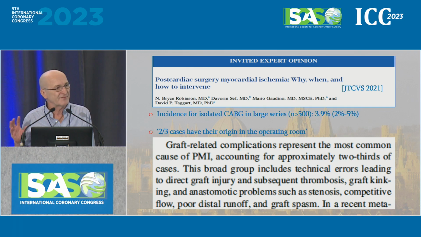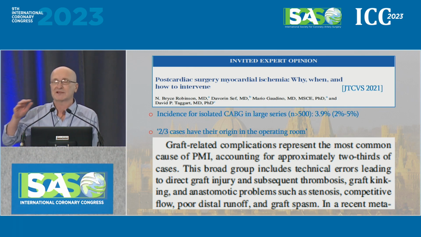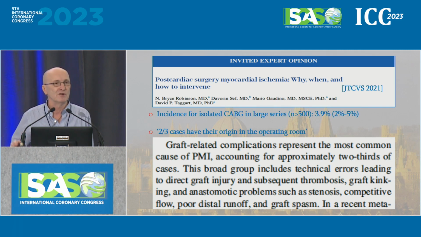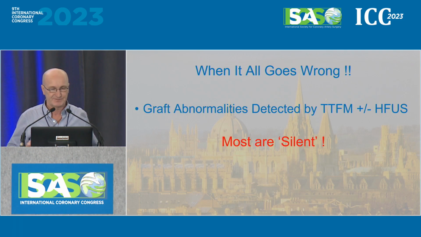So the point of this is the incidence of perioperative myocardial ischemia, everyone says, I've never seen it. But if you look objectively at what the evidence in the literature shows, it's more common than you would think, and it's what causes that phone call at 11 o'clock at night.